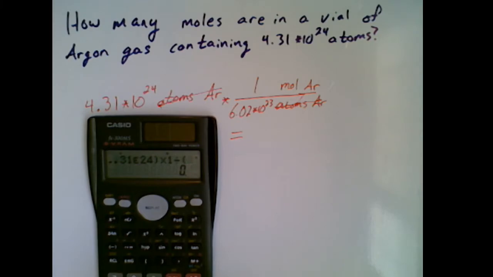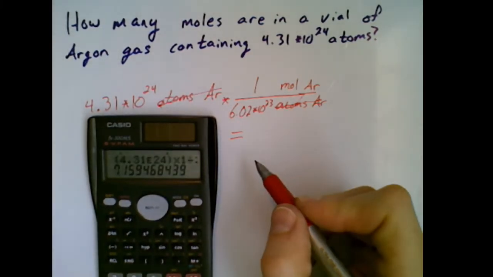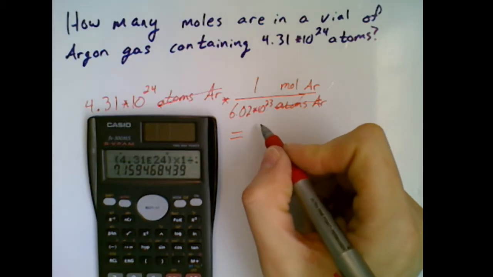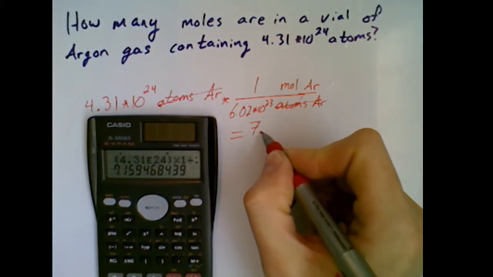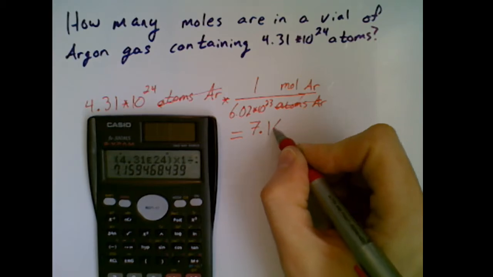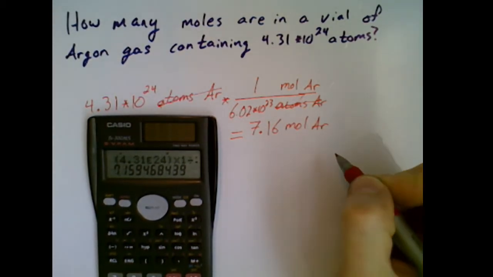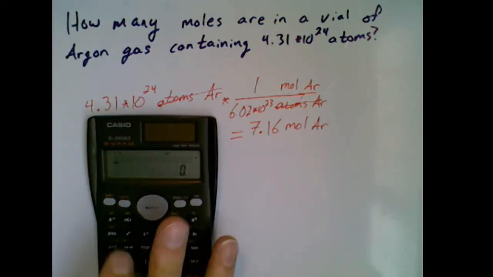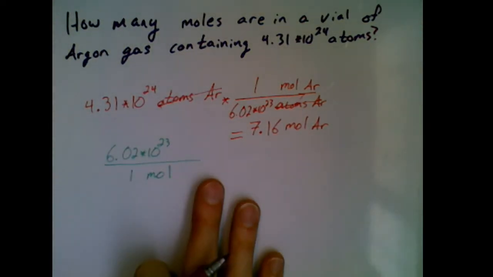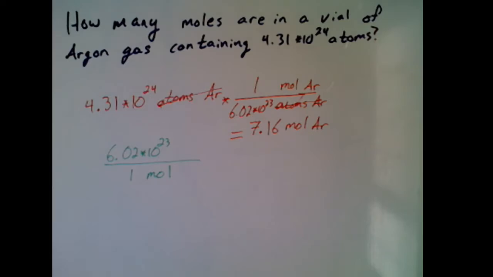And then 6.02 times 10 to the 23. And there's our answer. It is 7.16 moles of argon. So there you go. That's another way that we can set up one of those ratios.